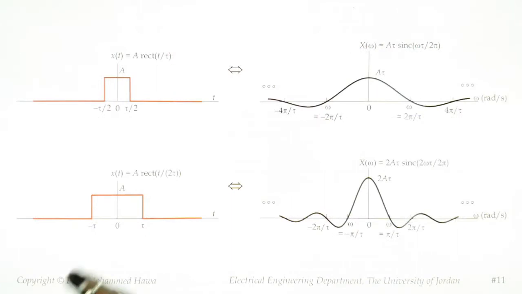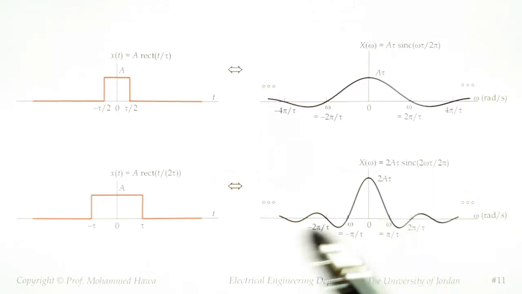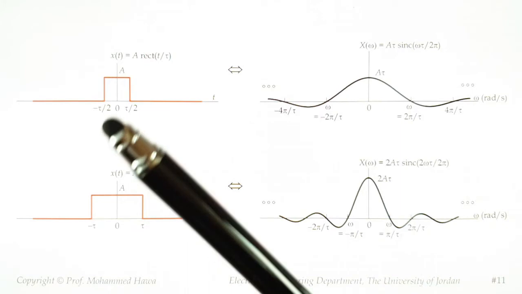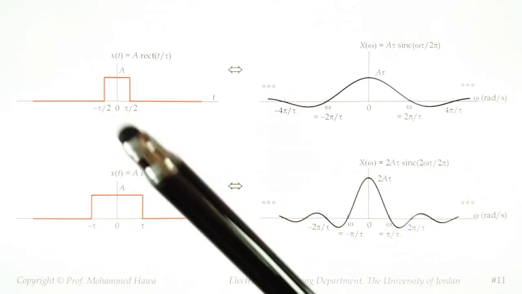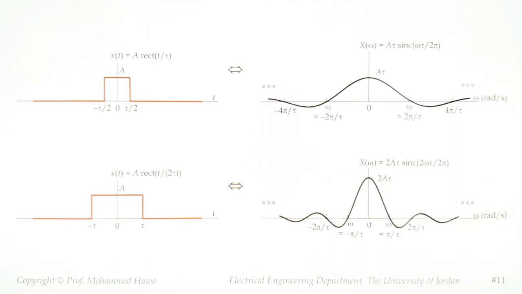So for this rect shape, because I have a wider pulse here, my bandwidth is smaller. And you can see because of our time scaling property, if this pulse width is twice as much as the pulse width here, the bandwidth here is half as much as the bandwidth here.